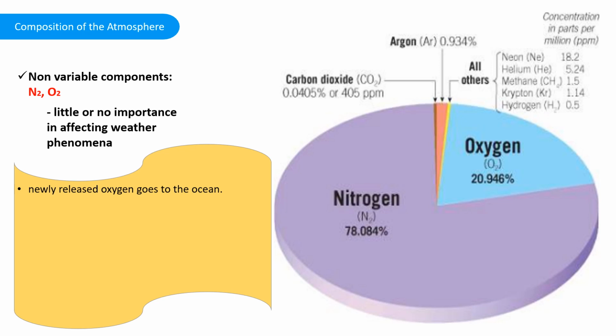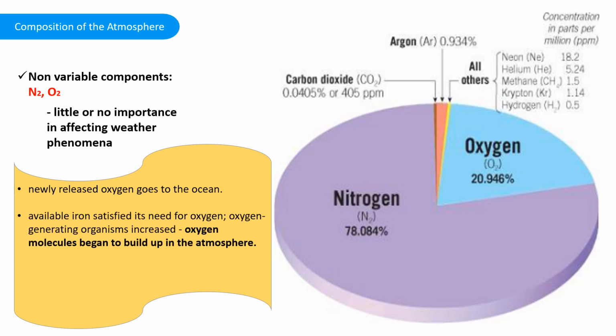And this new oxygen released primarily went to the ocean for the chemical process with the iron, until the available iron satisfied its need for oxygen for the chemical process.